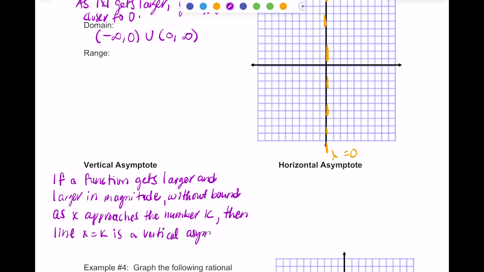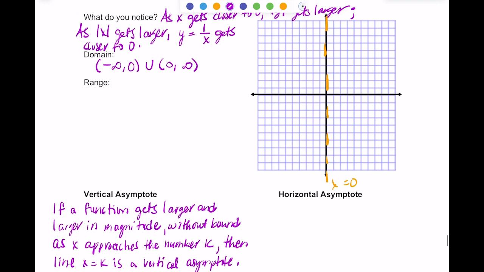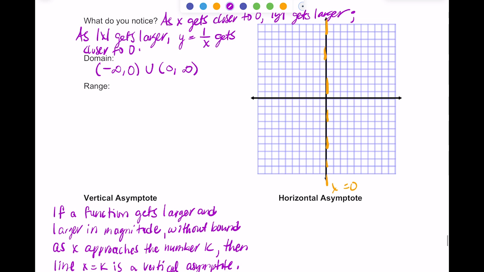Think of an asymptote as just a line that a graph gets really close to but doesn't intersect. So the graph is going to get really close to that dashed line, but it's not going to intersect it.